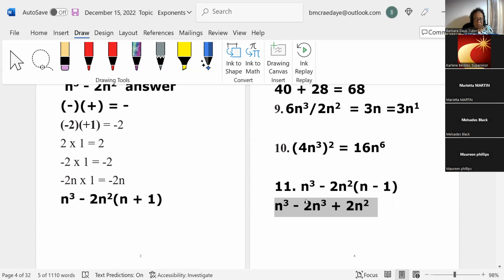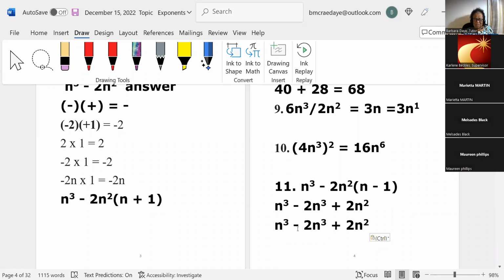Combine your n to the thirds, what do you get? No, how are you getting 6?